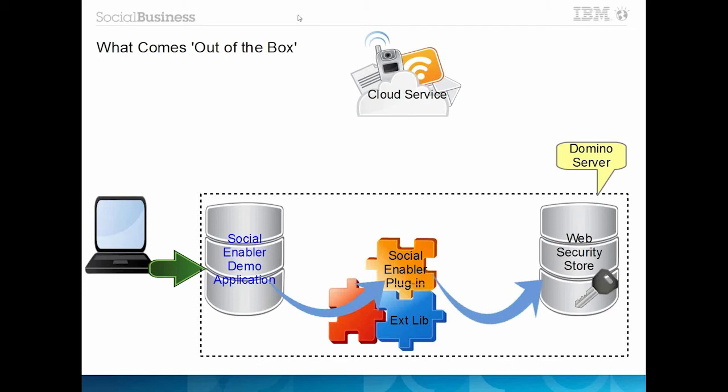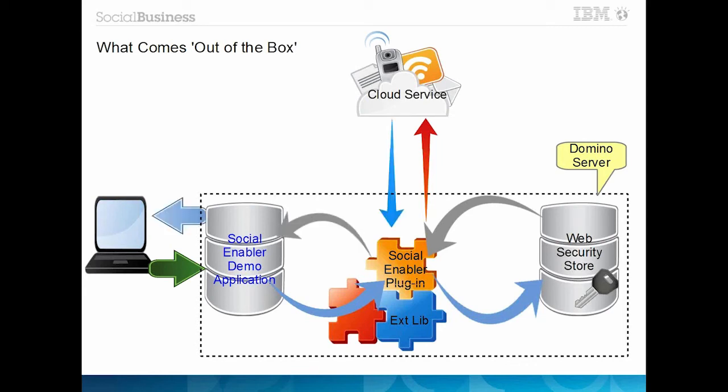A request will be made to Twitter to log in the user, the user will be logged in, and then at that point the social enabler sends a REST API call to Twitter with some information. Twitter will then process that request and will send a response, and the response will be received by the Social Enabler plugin. The Social Enabler plugin will then parse all of the information that is responded with.